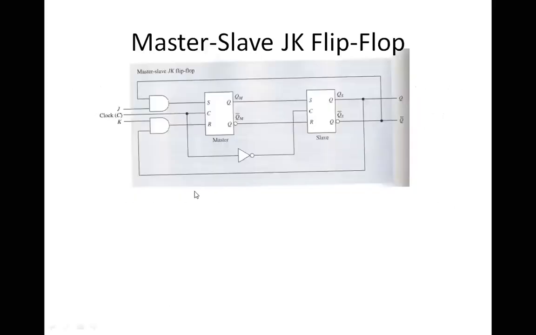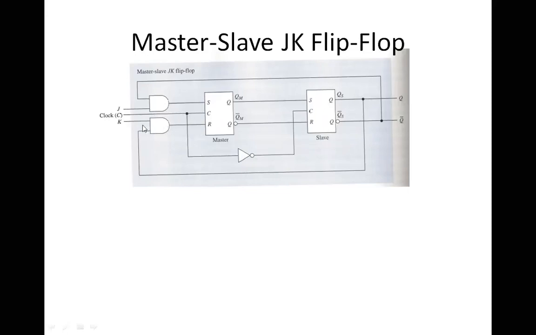So what we will do here is make some modifications to the same SR flip-flop. As usual, you have S, R, C, Q, Q bar for the SR, Q, Q bar. This is for your master, this is for your slave. You have an inverter connected to your enable lines. Now S is connected to an AND gate, R is also connected to an AND gate.